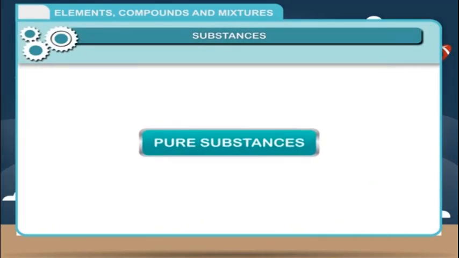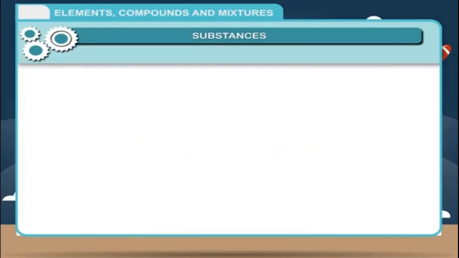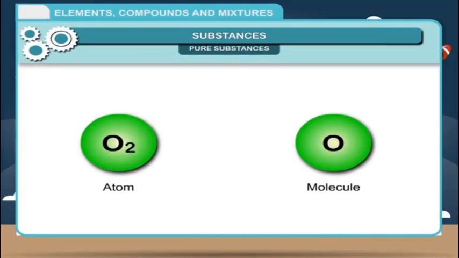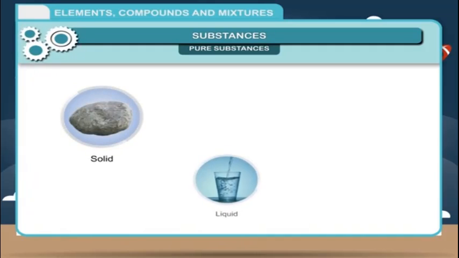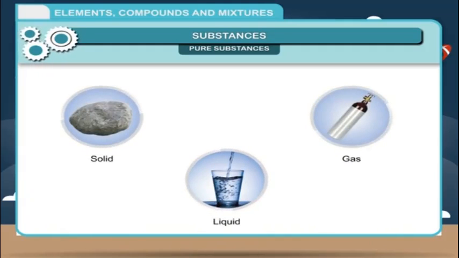Substances. Pure substances. Atoms and molecules are constituents of various substances that exist in nature. Substances can exist as solid, liquid, or gas. In this unit, we will study about another way in which substances can be classified into pure and mixed substances.